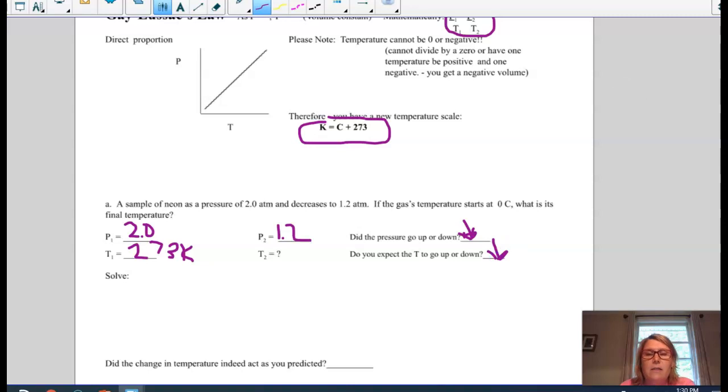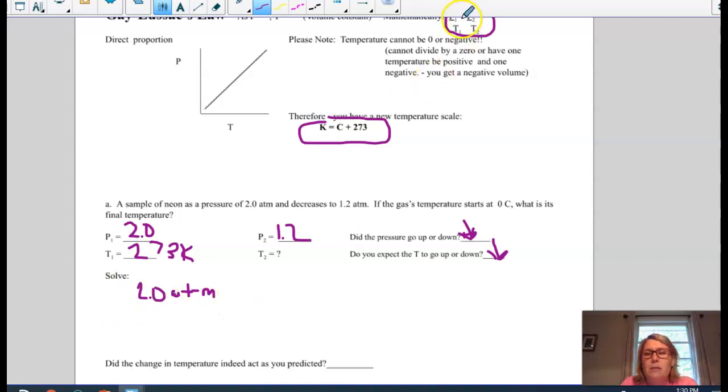So let's see if it does. P1 is 2.0 atm. You're going to notice I'm going to keep my units here because I want to show you how they cancel out.